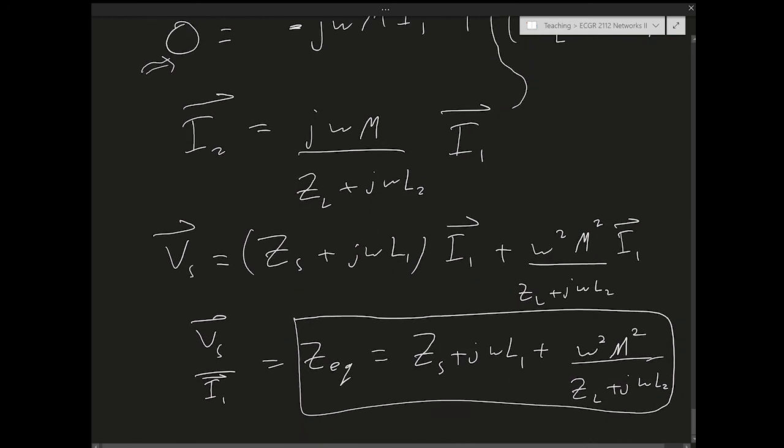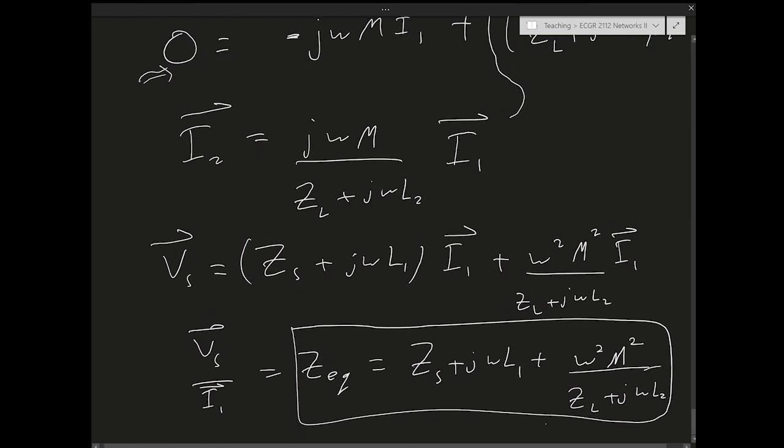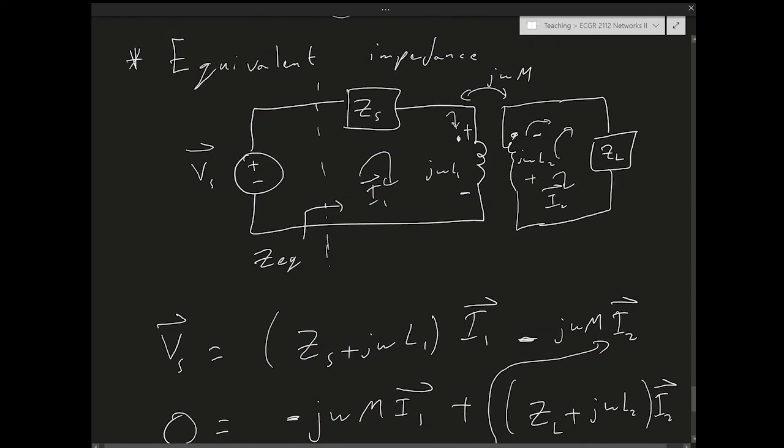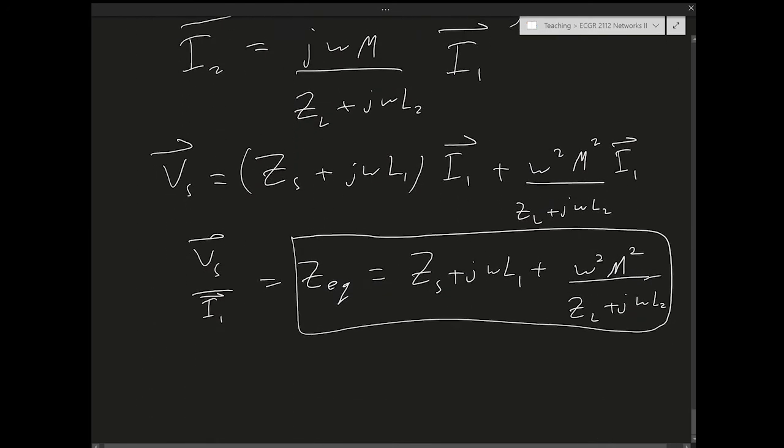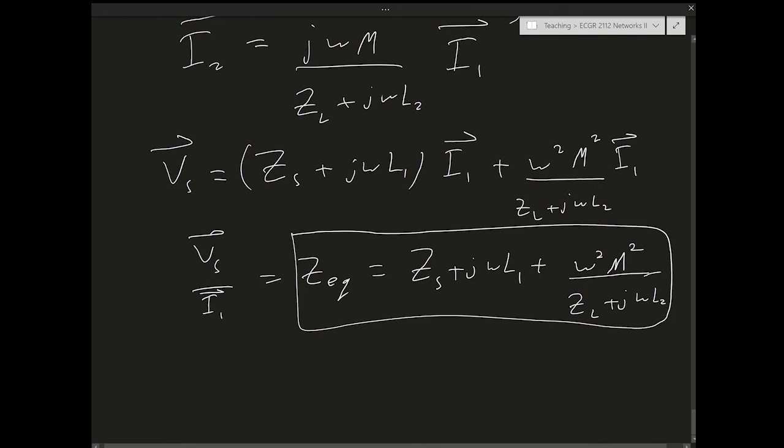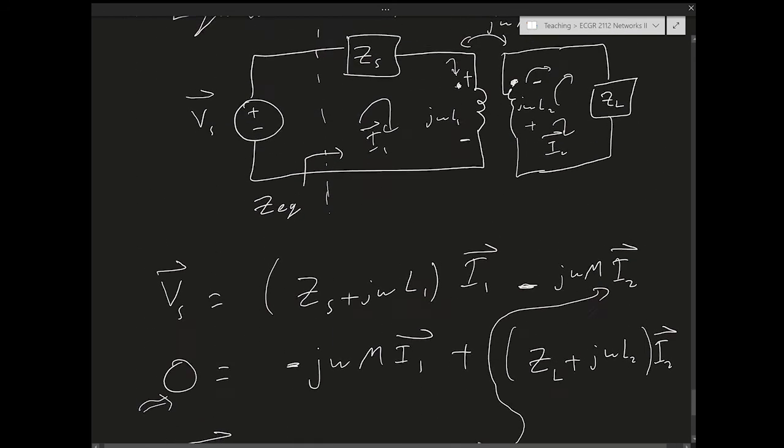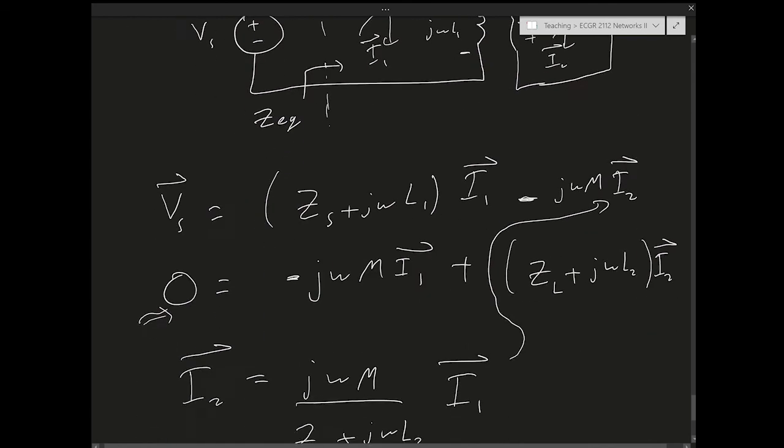Notice the curious thing is that M is squared. Because M is squared, that means that the impedance does not depend on the polarity of the dots in this case, because it shows up as M squared in the equivalent impedance equation. So that's an interesting configuration.